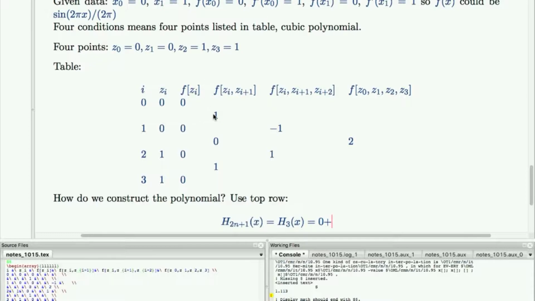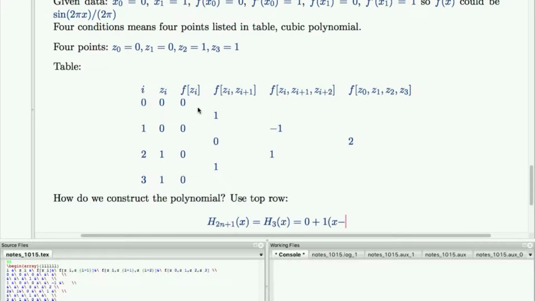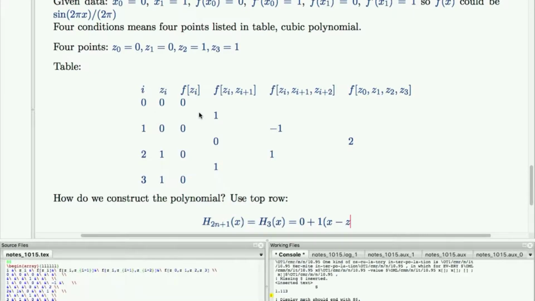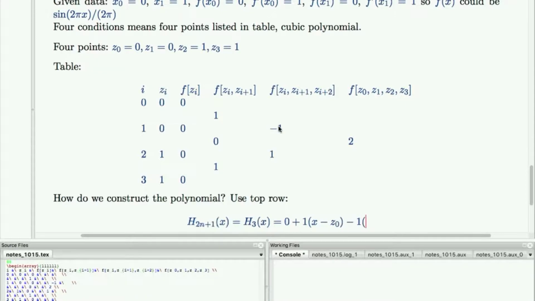And then we go to the next term, and that'll be 1 times x minus z naught. Okay. And then we go to the next term, minus 1 times, and we remember use these to figure out your centers of your linear factors.